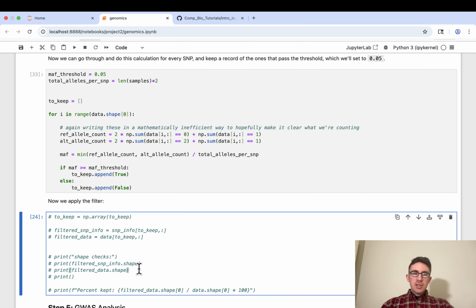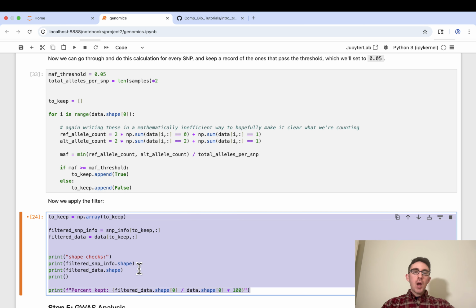And then the last thing now is finally to apply this filter. We're first going to cast this to-keep list, which is now full of True and False elements telling us whether we're going to keep each SNP or not, to a NumPy array so we can do some NumPy slicing with it. Then we're going to do this slicing on our SNP info and data two-dimensional arrays, basically saying that we're only going to keep the rows of these arrays where to-keep is True.